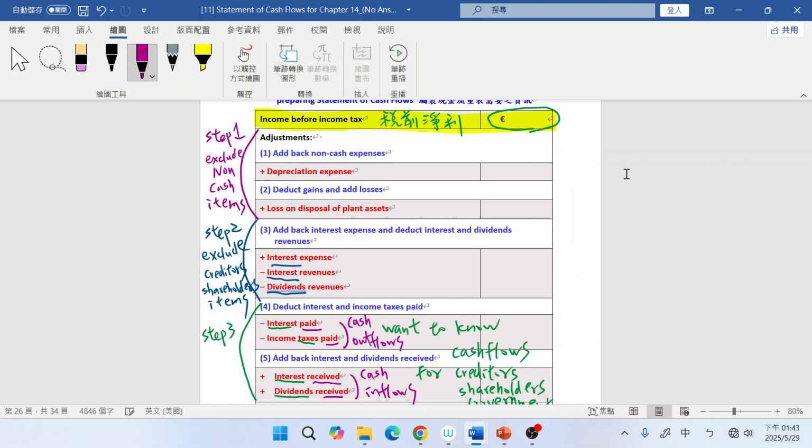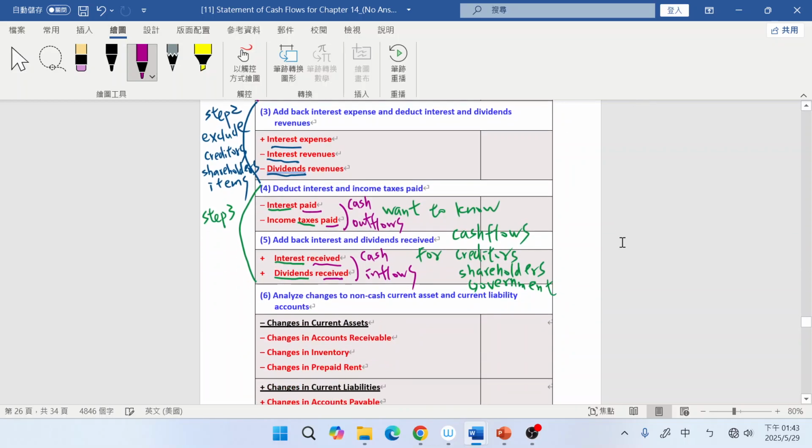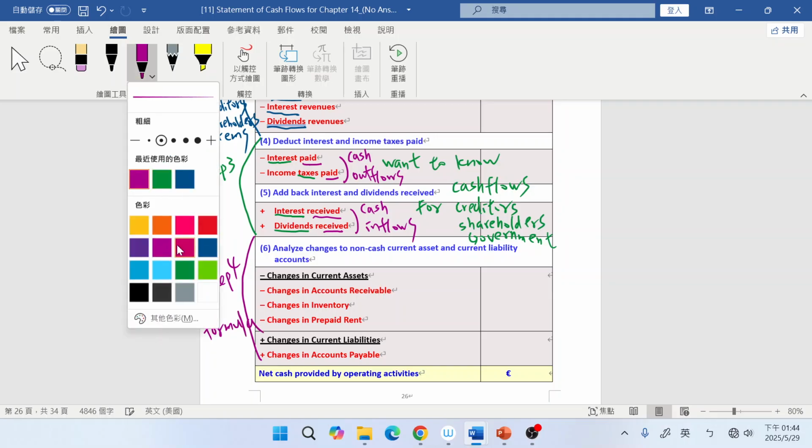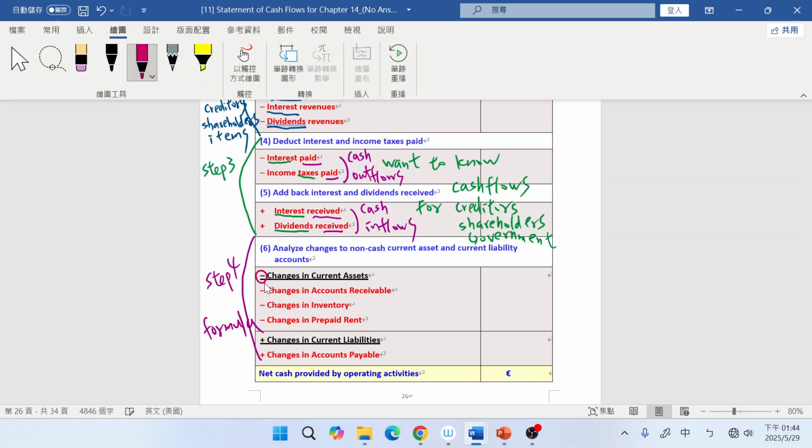After that, what's our last step? We use the formula, right? So what's our formula? Did you find out? Minus changing current assets plus changing current liability.